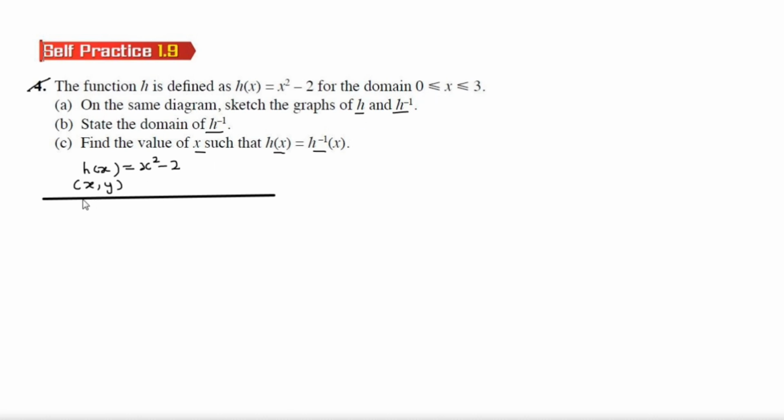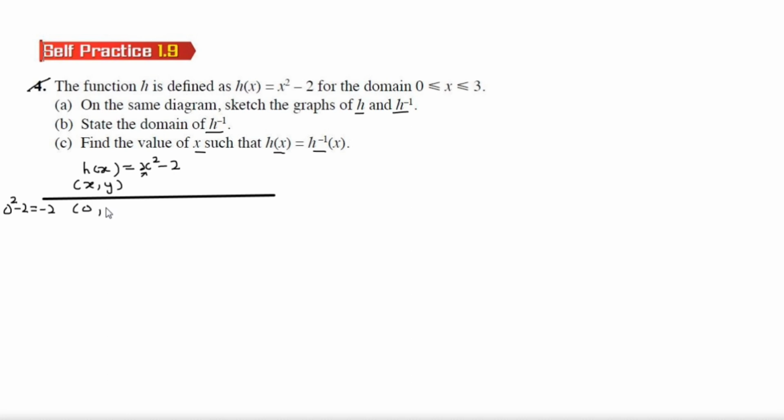So you can start to substitute with x 0. So when x is 0, what is y? We can do mental calculation. Substitute this x as 0. 0 squared minus 2 is equal to negative 2.